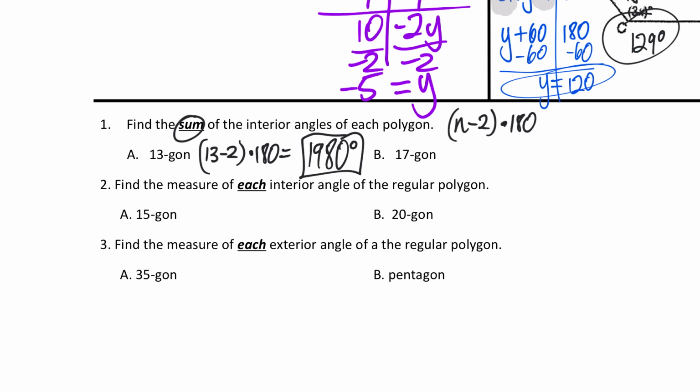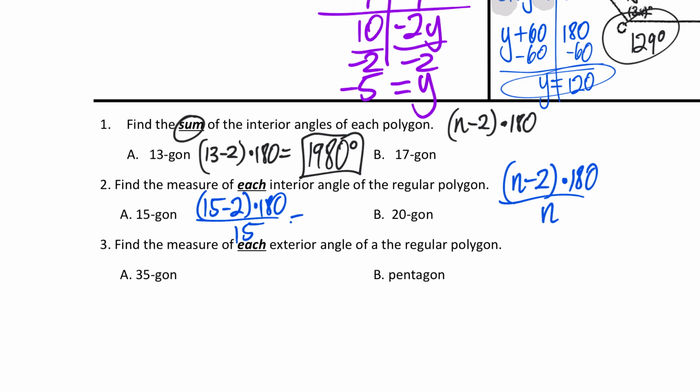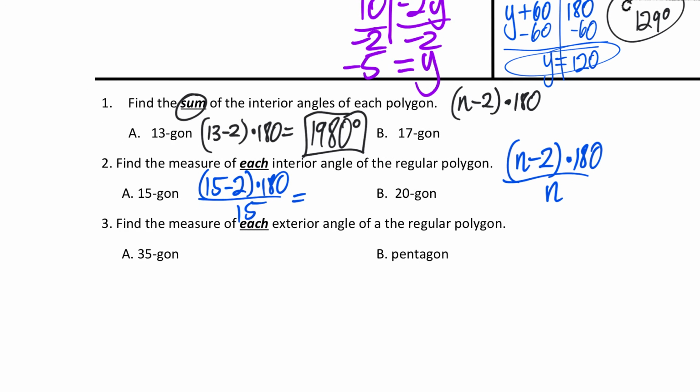Okay, I'm not gonna do both of those for these. I'm just gonna do one of each. On number 2, it says find the measurement of each angle of a regular polygon. So n minus 2 times 180 divided by n. So on this 15-gon, we're gonna go 15 minus 2 times 180 divided by 15. That gives you 156.